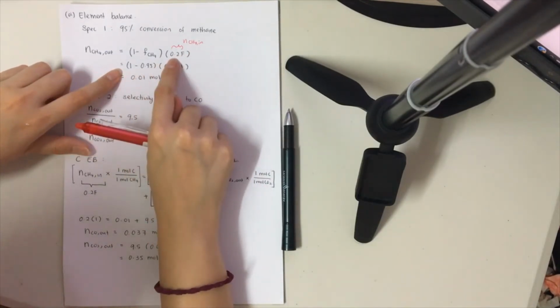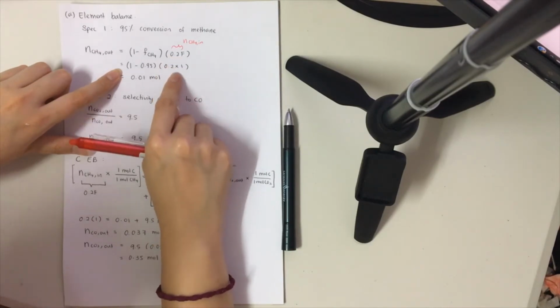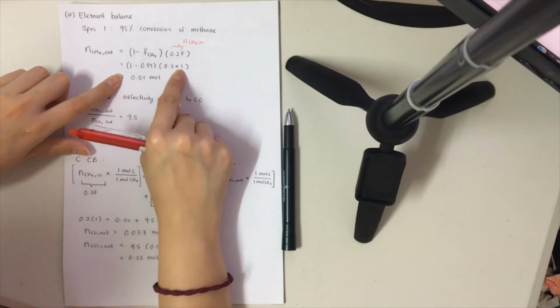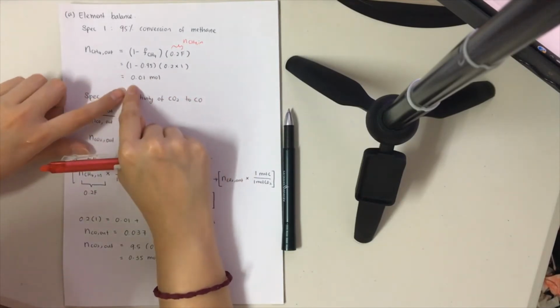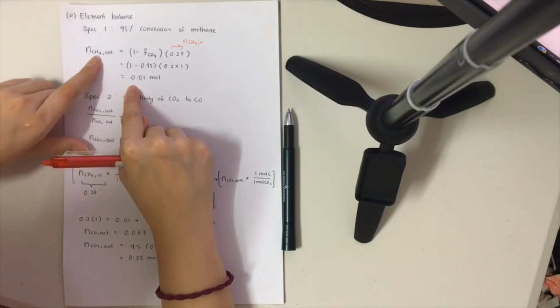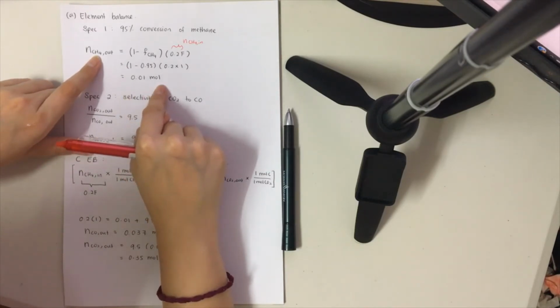That is actually 0.2 times F, which is the feed, 1 mole. And you will find that the number of mole of CH4 coming out is 0.01 mole.